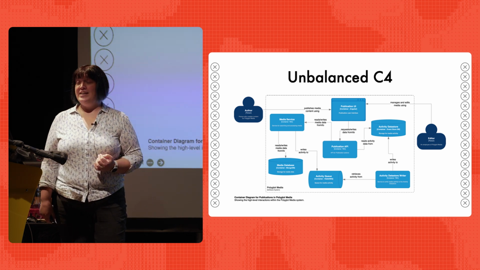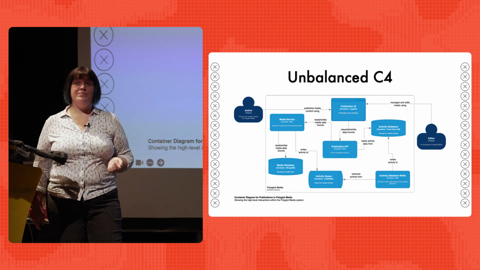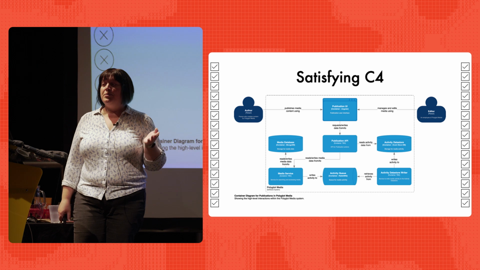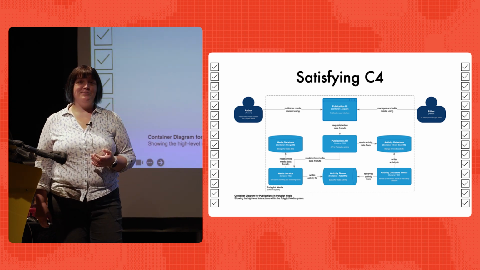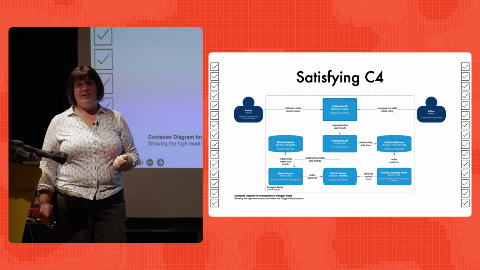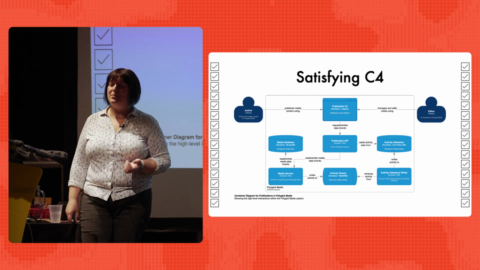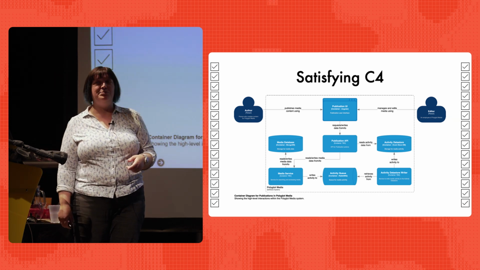So this is a perfectly fine C4 diagram. There's nothing wrong with it. It's easy to understand. But what about if we just jig it around and balance it? Now, I don't know if it's because it looks a little bit more like a Space Invader that people like it more. I think it's just because it's balanced. And I've even managed to make it nice and balanced with the database shapes as well.